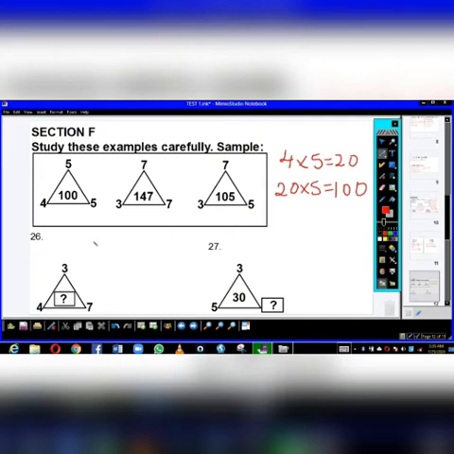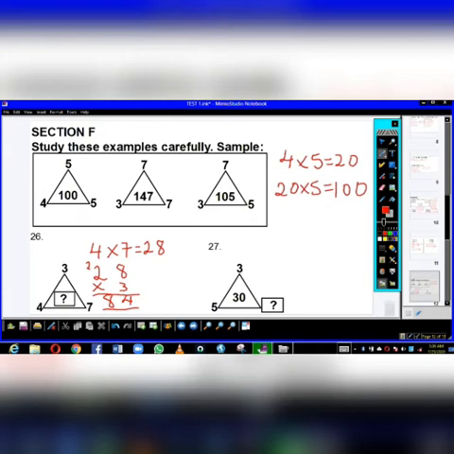Okay, 4 multiplied by 7 will give you 28. 28 multiplied by 3. 3 times 8 will give you 24. Write 4 and carry 2. 3 times 2 will give you 6. 6 plus 2 will give you 8. So the value of the missing number is 84.